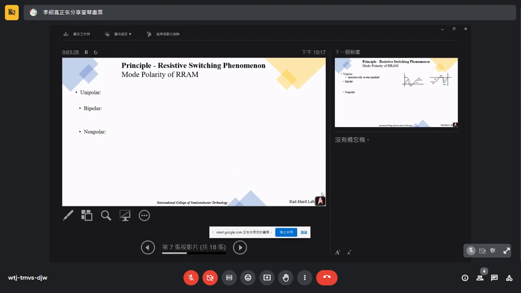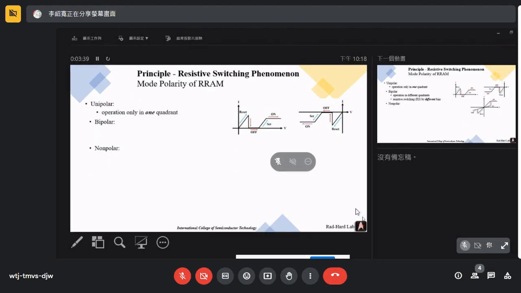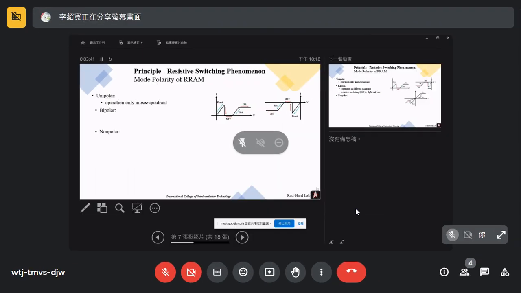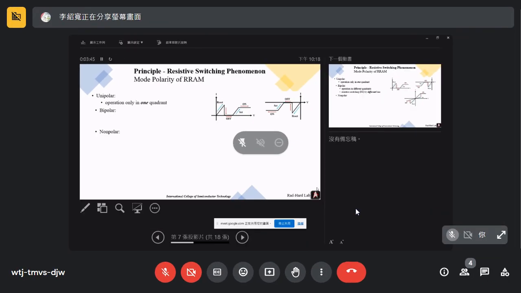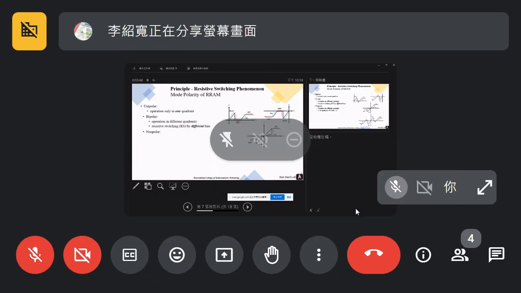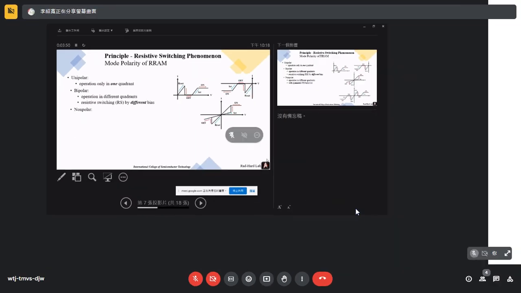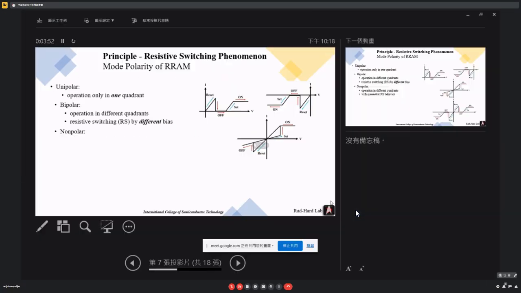Then there are three types of switching modes for memory. First, the polar mode works in one polarity, like positive on and positive off, or negative off and on. Bipolar means it needs negative and positive bias to turn the device on and off.